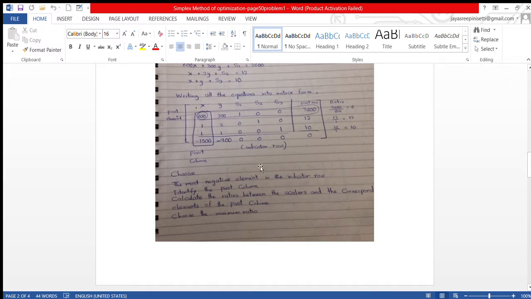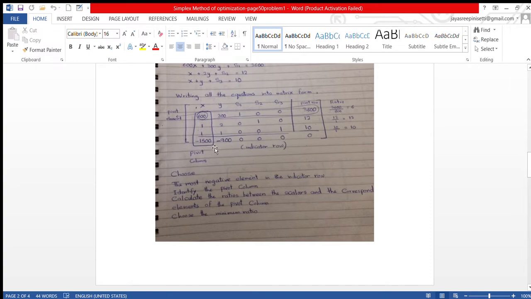For that, before doing any row operations, you have to follow some steps. What are they? First, you have to find the most negative element in the indicator row. What is the indicator row? The last row is known as the indicator row, as you have seen in the YouTube videos which have been uploaded, right?